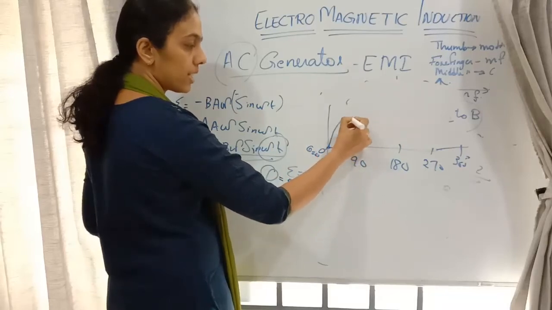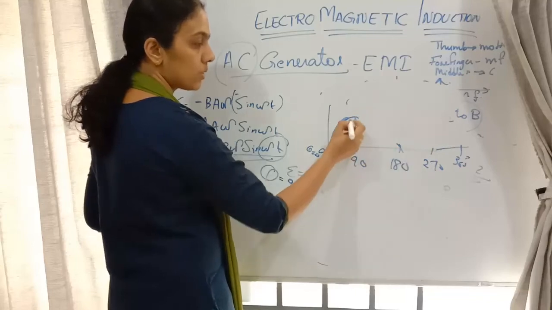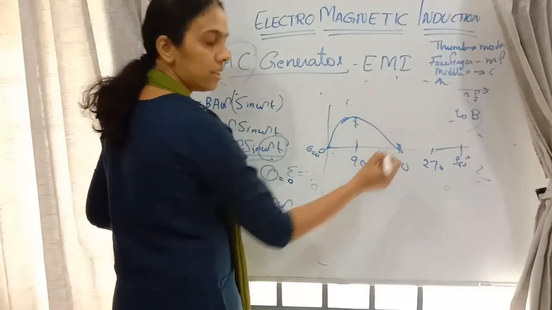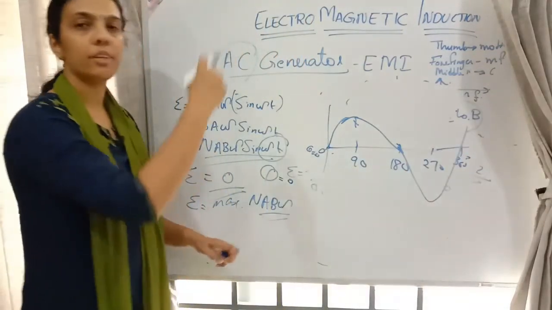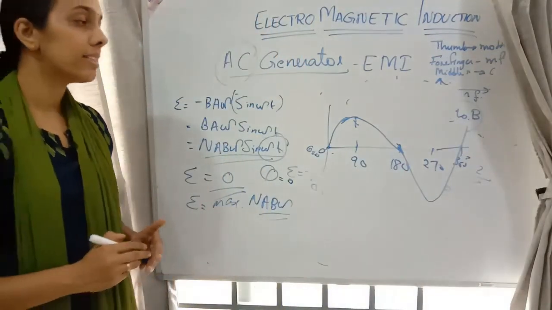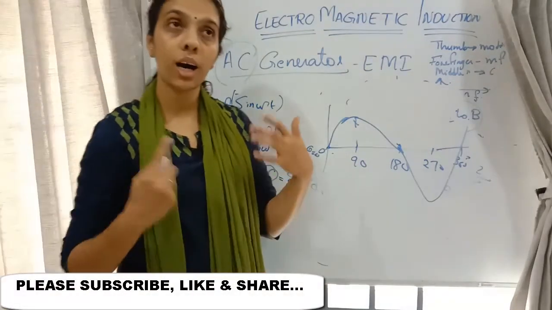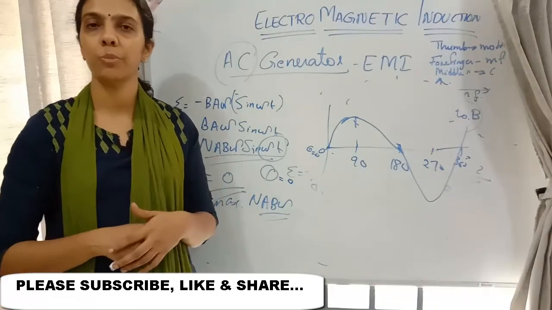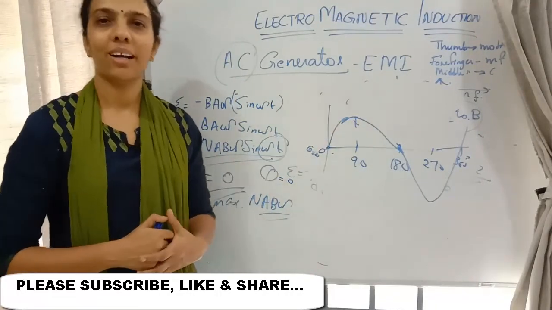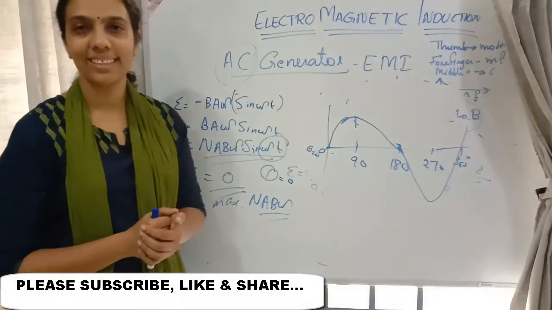When theta equals 90, EMF is maximum. When theta equals 180, again it will be 0. At 270 it will be maximum, and it goes on like this. This is the representation of the AC generator. So how the maximum current and maximum EMF are produced, that is understood, right? So this is all about the AC generator.